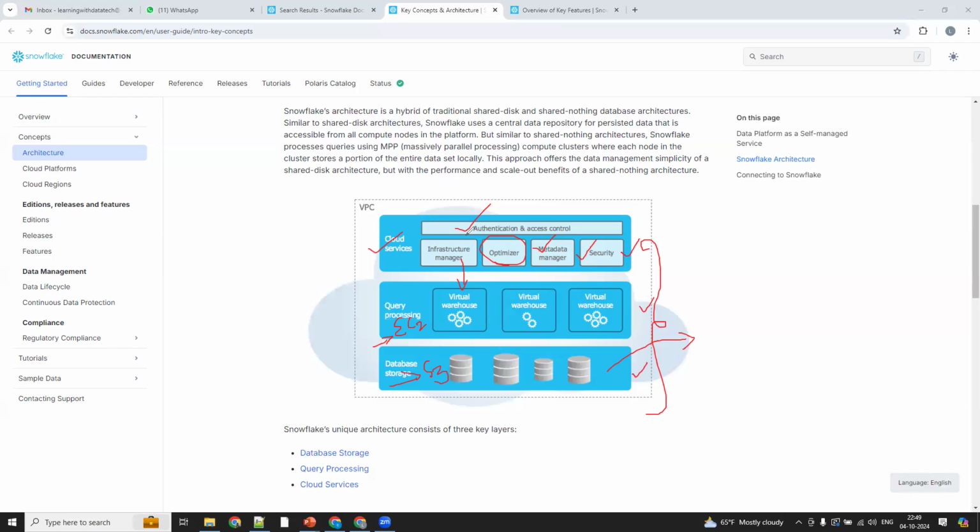Okay, basically I'm trying to understand, if they are maintained independently, what is the use? I don't mean that they will not have a link with this one. My point is, if you want to increase the storage, you don't need to increase the virtual resources here.